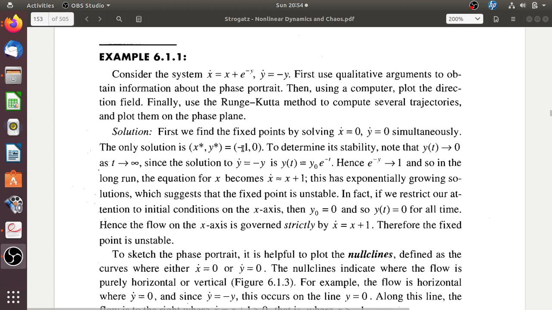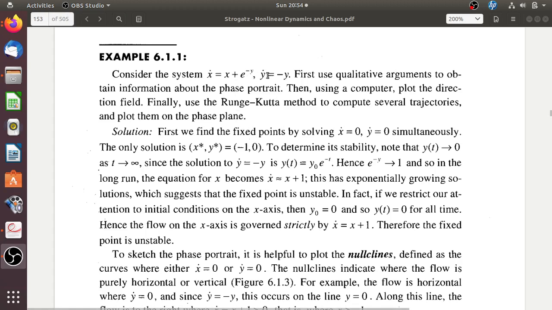So say at this point I am giving a little disturbance along the y-axis, and from this equation we could say that it will come back towards y equal to 0, right? Fine. And how about x?